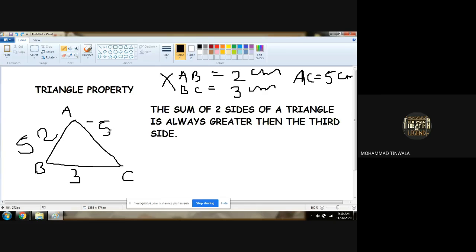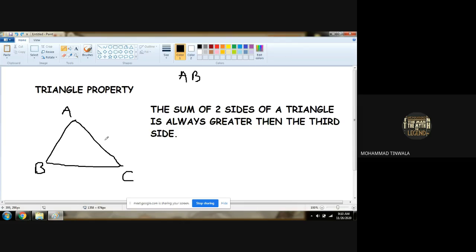Are you getting my point? Do you understand or not? What does sir want to explain? The sum of two sides of a triangle should be always greater than the third side.